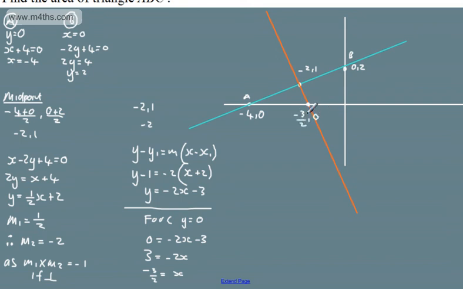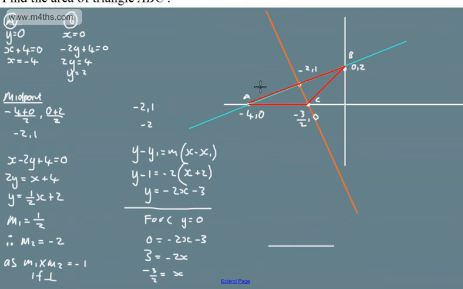I want to find now the area of triangle ABC. So this is our point C just here. If we sketch this up and draw a quick picture, we're going to come up here, down here, and then to this point here. All we need to do is 1/2 base times height.